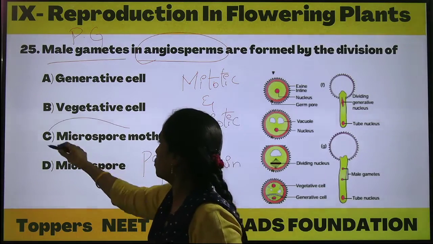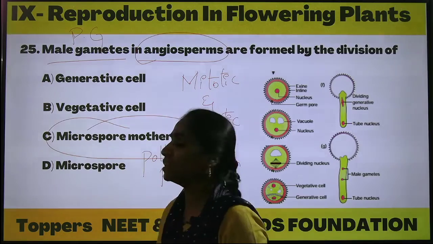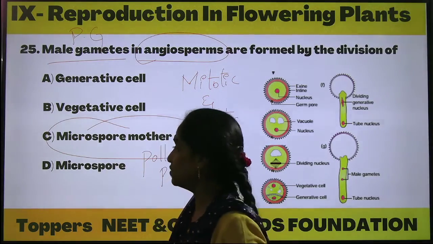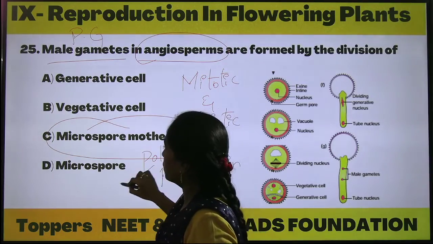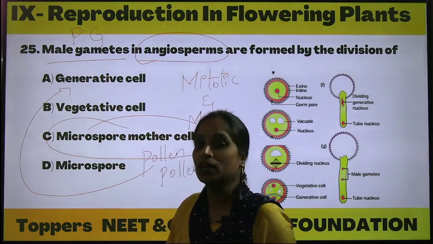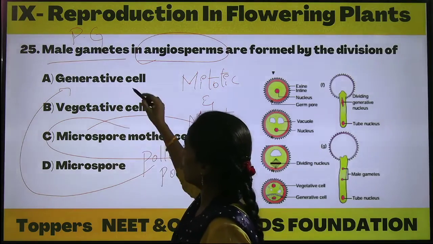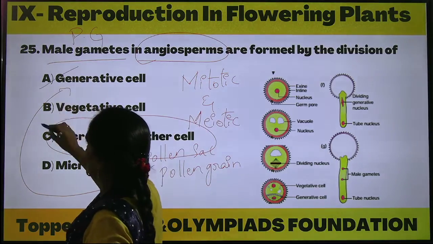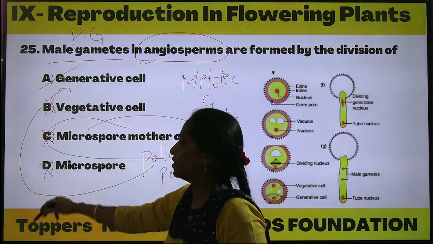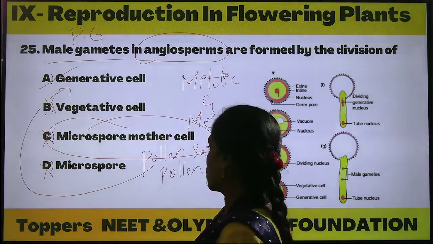The microspore mother cell undergoes the division process and forms the microspore by the meiotic cell division, and then we can observe this generative cell ultimately forming into a male gamete, okay. So option A will be the correct one. Option B is wrong, C is wrong, and even D is also wrong.